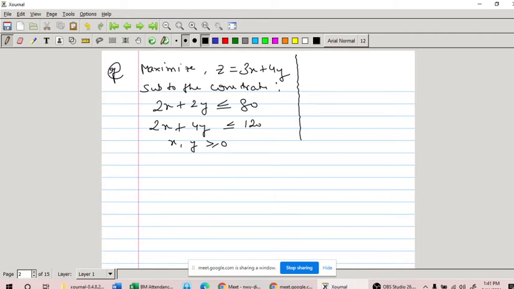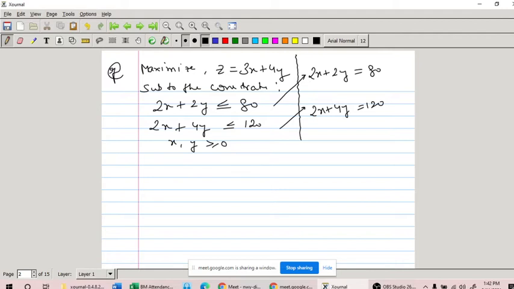In your previous classes you have studied how to get these points. So we'll rewrite these constraints in equality format as 2x + 2y = 80, and we'll try to get some coordinates. Similarly, we'll write the second one, to get the coordinates again, to plot them on a graph paper.